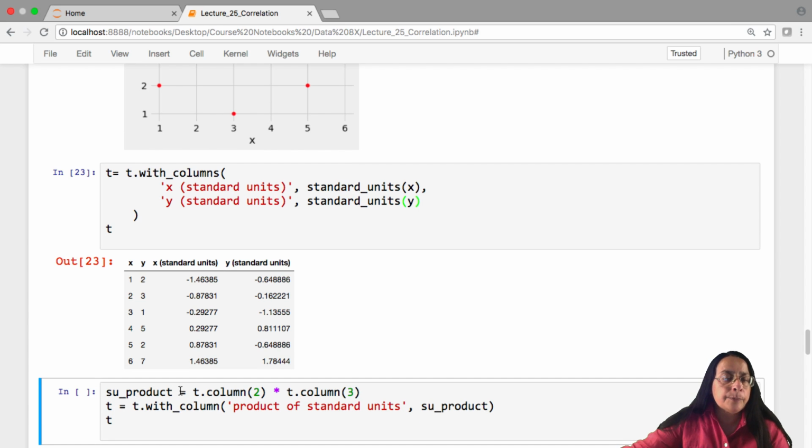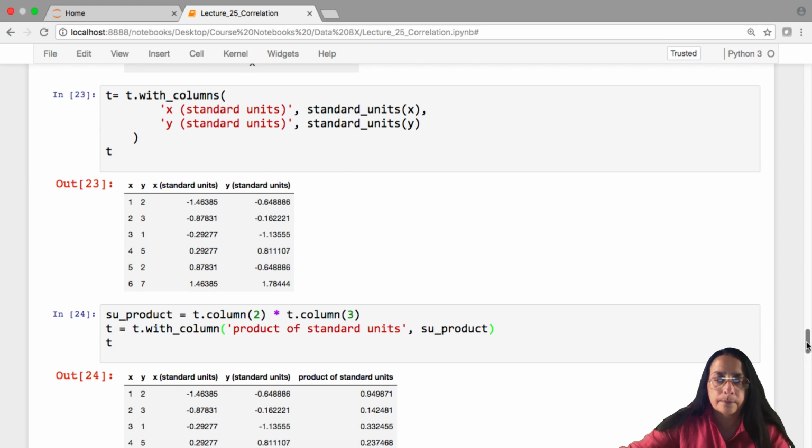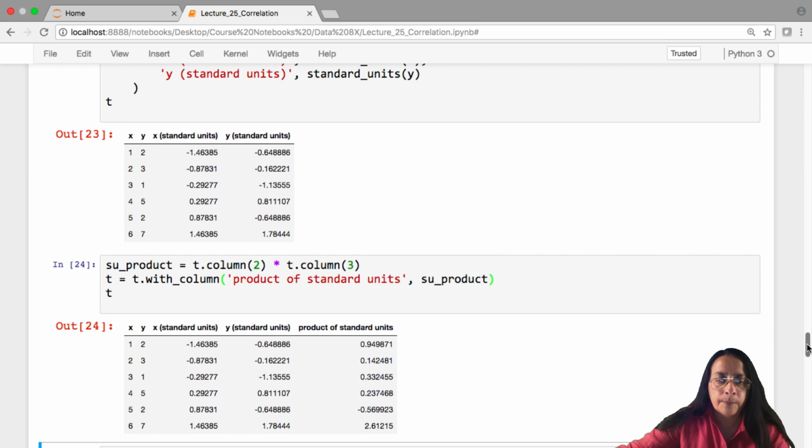So standard unit product is an array that is obtained by multiplying this column with this one, and then we augment T with a column called product of standard units, and that has those products in it. And now we have the product of standard units.